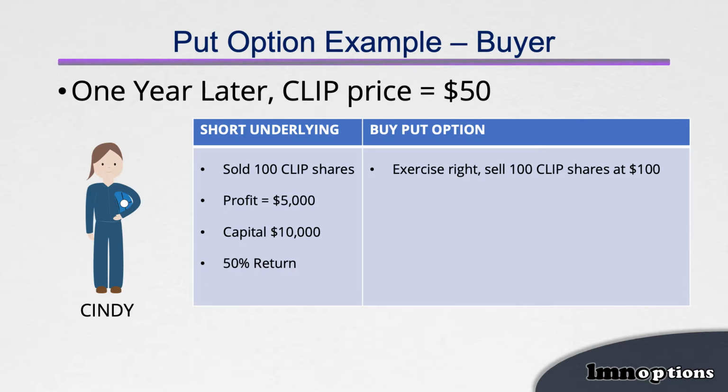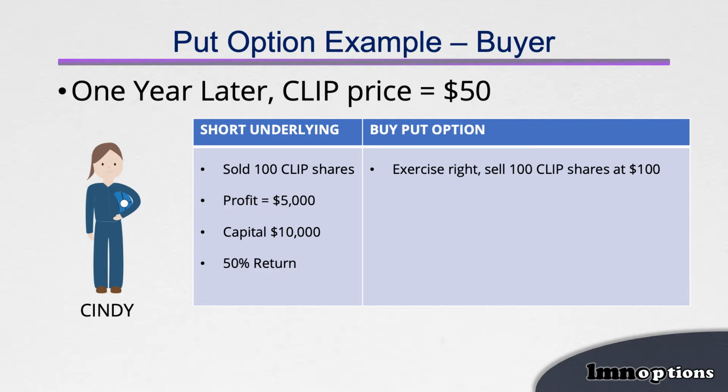Effectively, it means that Cindy can go to the market and buy 100 shares of Clip at the current market price of $50 and then exercise her option contract to sell them for $100 per share to the seller of the put option.